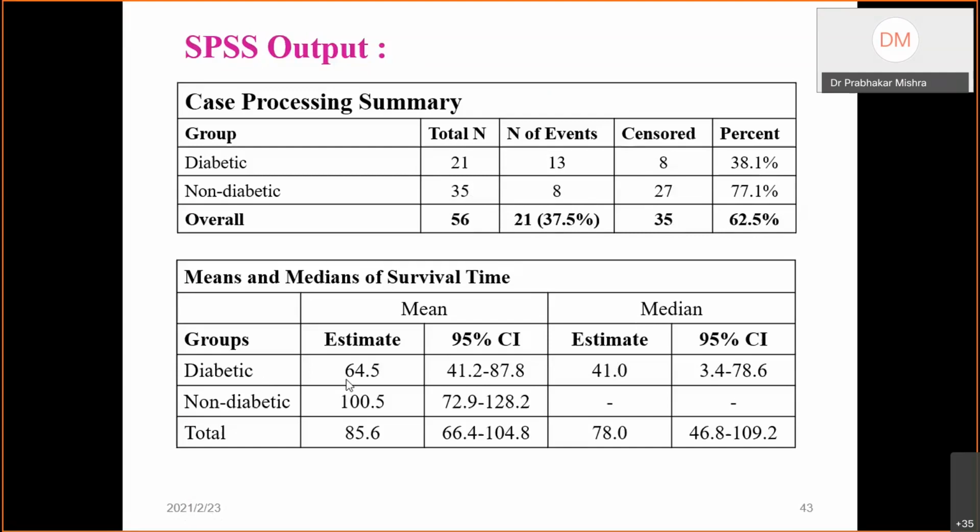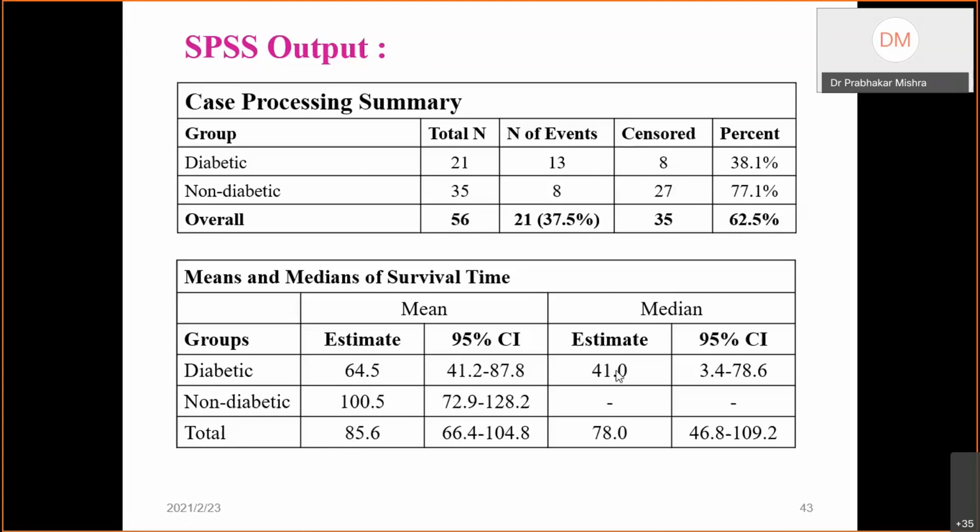Now come to the mean and median survival time. See here, diabetic group mean survival time is coming 64.5 months. Non-diabetic group it is coming 100.5 months. And irrespective of diabetic and non-diabetic, overall mean survival time is coming 85.6 months. And now the 95% confidence interval is this and this, lower limit and upper limit.